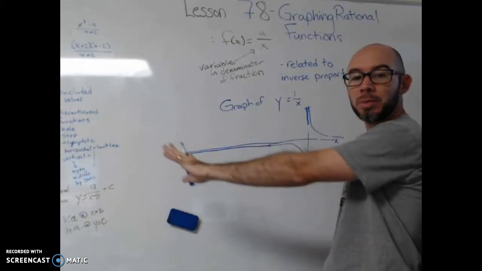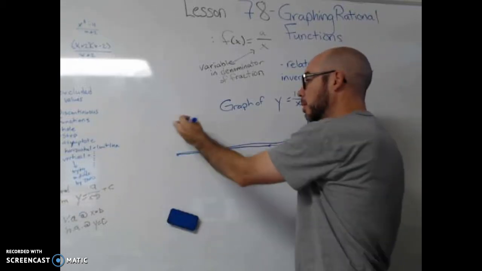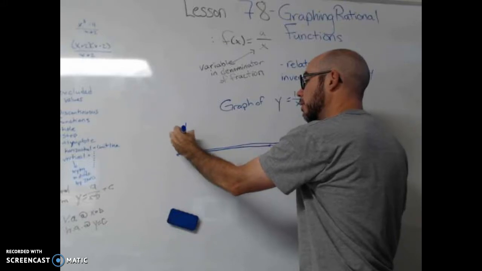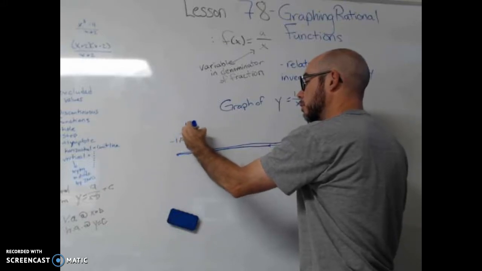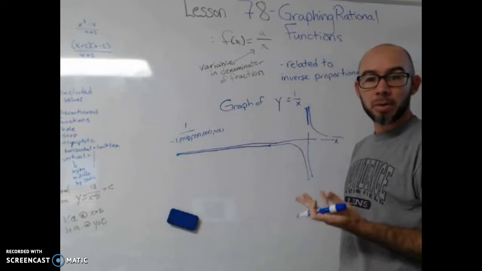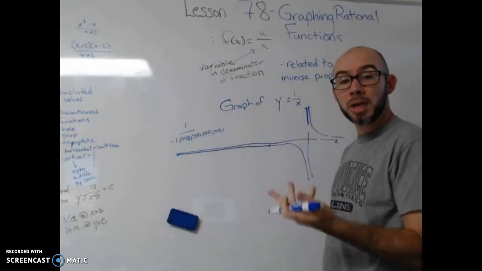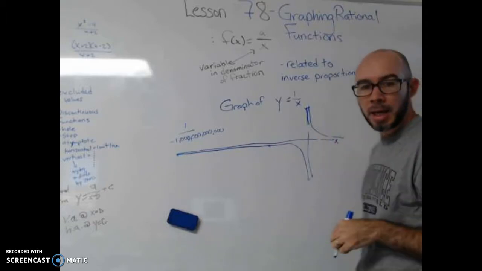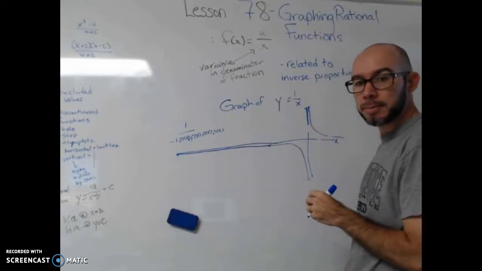Even if it's an extremely large negative number, 1 over negative... That's still not 0, is it? So it will never touch the x-axis for 1 over x.